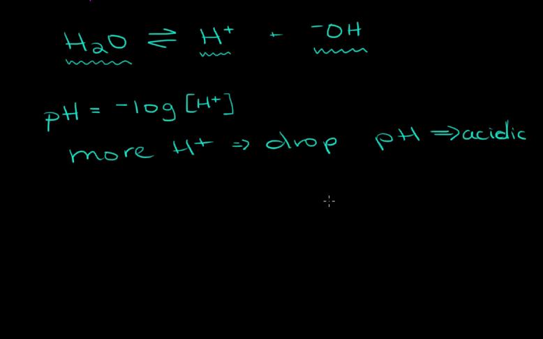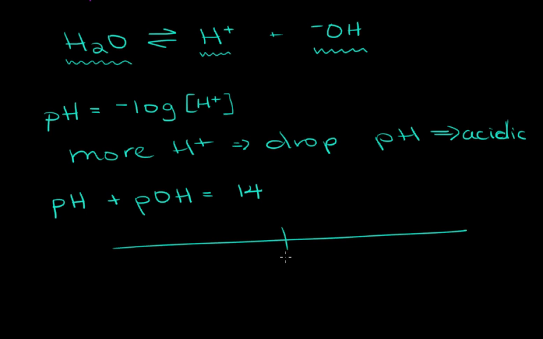Okay, and remember from general chemistry that pH plus pOH equals this magic number 14, and we get this 14 based on the pH scale, which, just quickly to remind you, goes from 1 to 14. You can't have 0. That would be impossible.